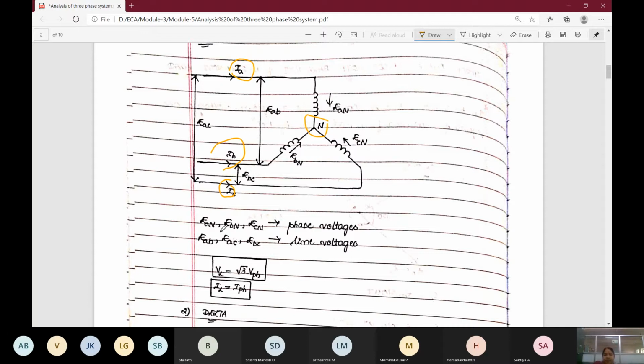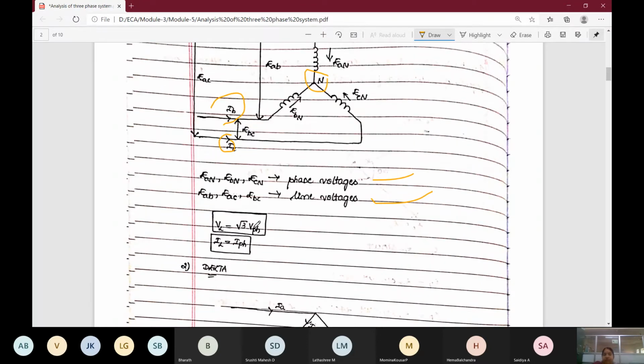So here EAN, EBN and ECN are called phase voltages. These branch voltages are called phase voltages, and this EAB, EAC, EBC, the voltages which we have written here, are called line voltages.